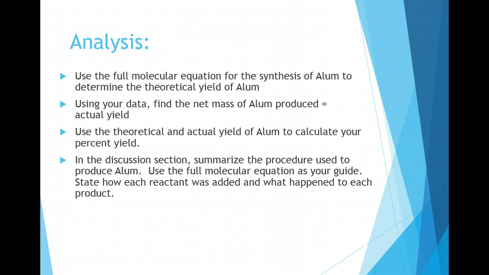It says, for example, the KOH was added in step 1 as 25 milliliters of a 1.4 molar solution. That was added to the aluminum, and then that caused the aluminum to be oxidized. That would be one example, and you can include other examples to explain how each part of the process took place.